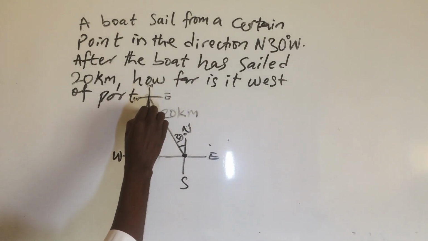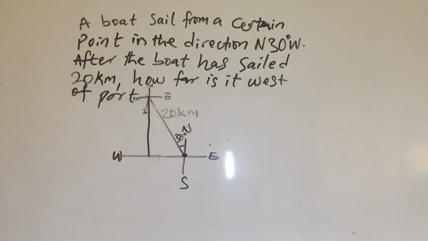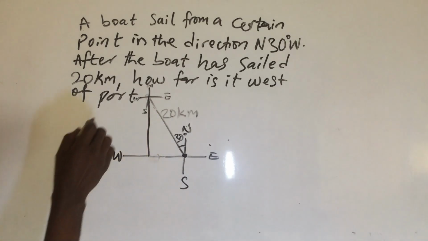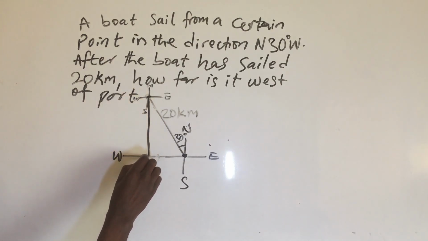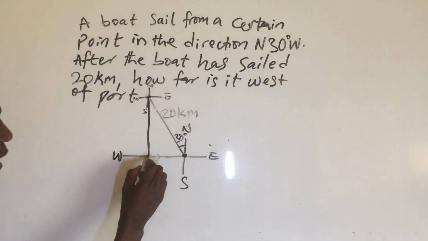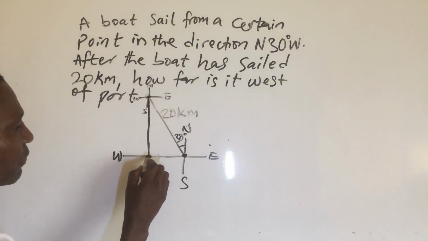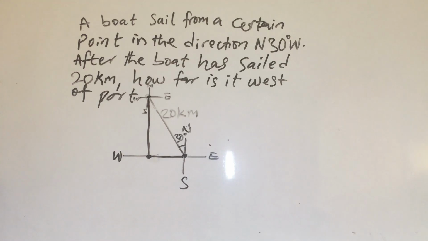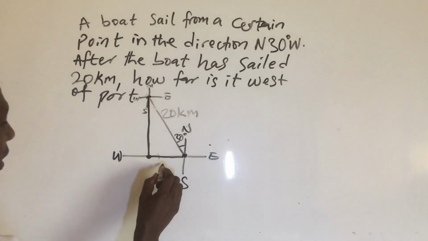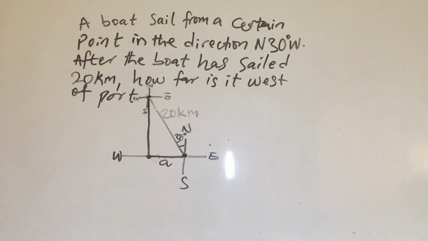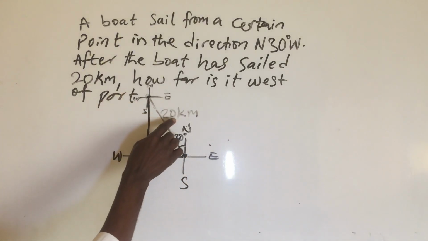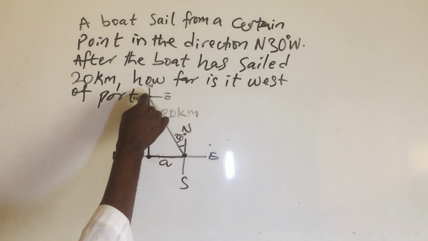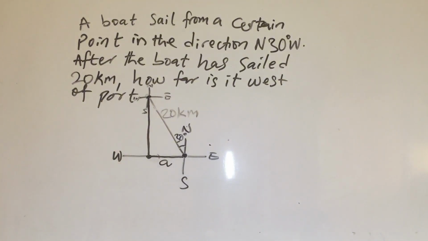Therefore, we bring it down here. We take a distance from here to here. This is exactly the point they are asking us: how far is it from here to the port? So let us name that side A to represent the distance they are asking for. The boat has traveled 20 kilometers, so from here to here is 20 kilometers.